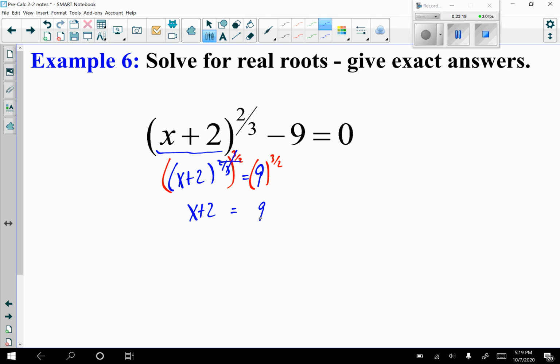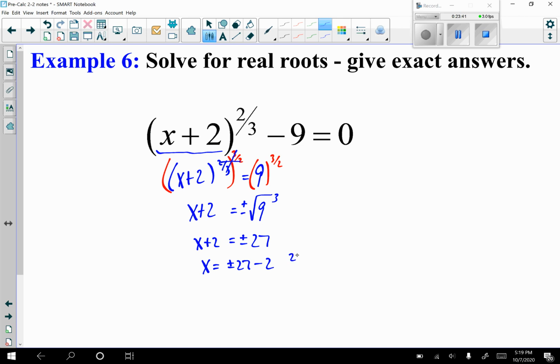So we have a 9. We are going to square root it, which requires plus and minus. That's the square root. 3 is cubed. We just did that a couple times. That's plus or minus 27 is x plus 2. We just have one more step. So subtract 2. So we have plus or minus 27 minus 2. Now this is two answers. Don't leave it this way.